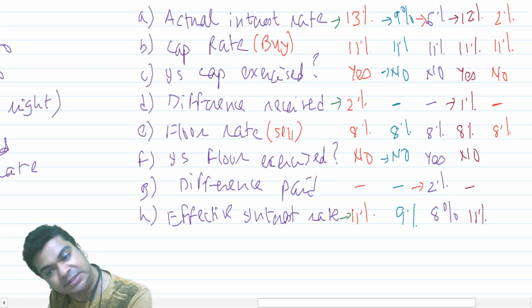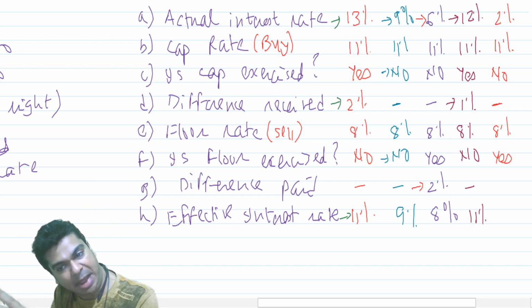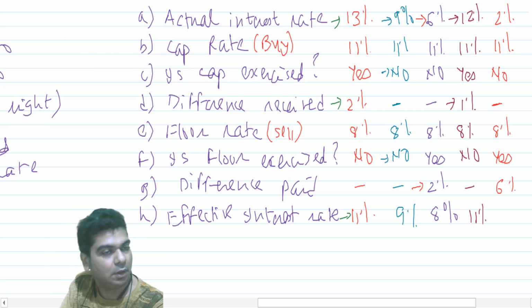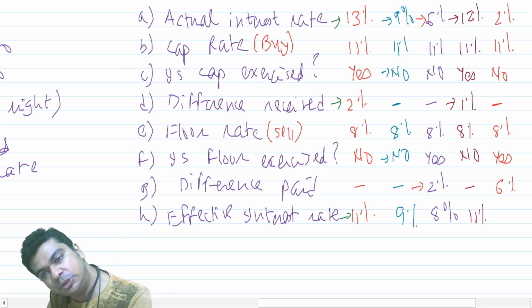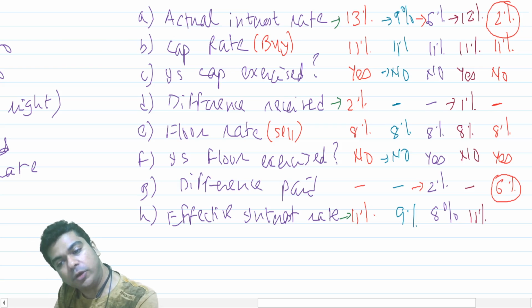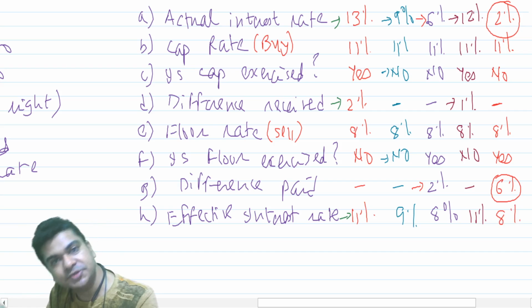So is the floor exercised? Answer is yes. 8 minus 2, the difference paid is 6%. So you are actually borrowing at 2, but you have to pay a difference of 6. So your effective interest rate turns out to be 8%.